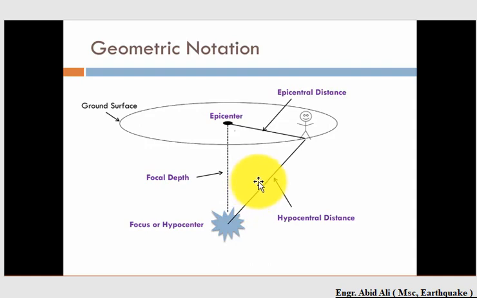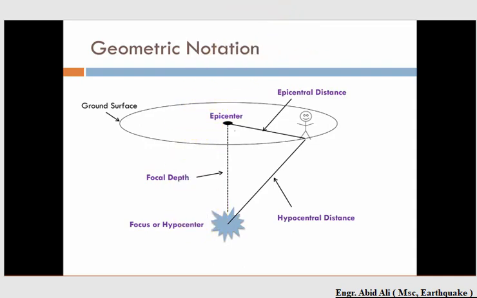The location where the rupture initiated, where the initial asperity broke the fault, we call the focus, or sometimes the hypocenter of the earthquake. It's the very location in three-dimensional space beneath the ground surface where the earthquake began.